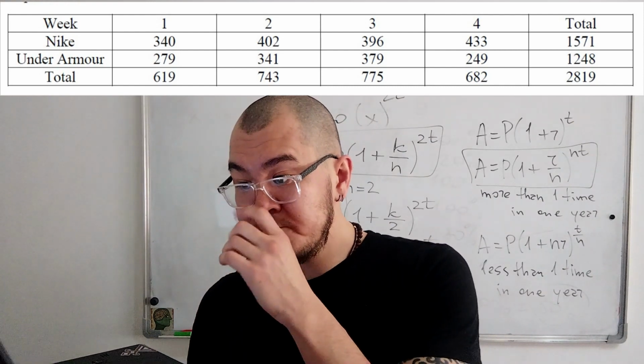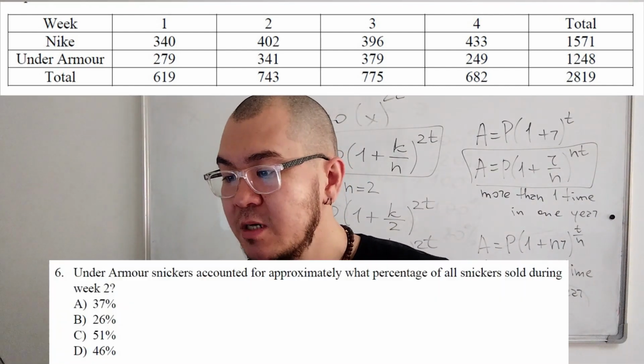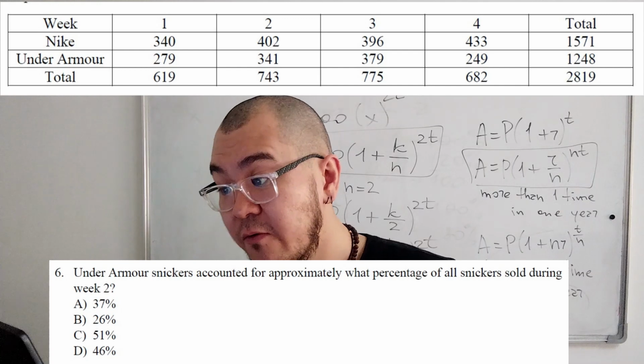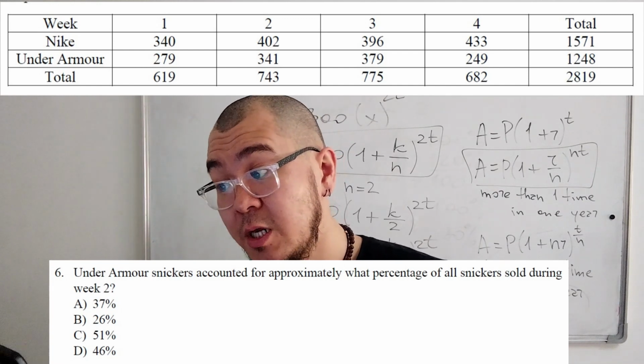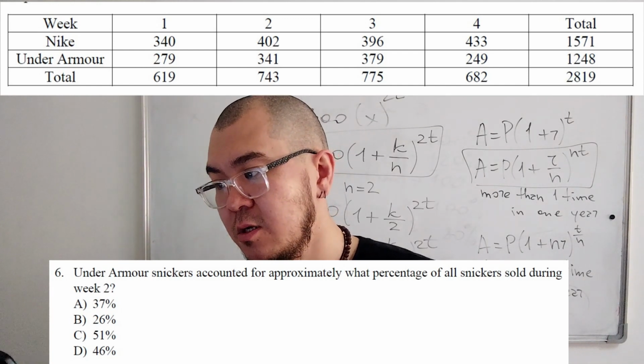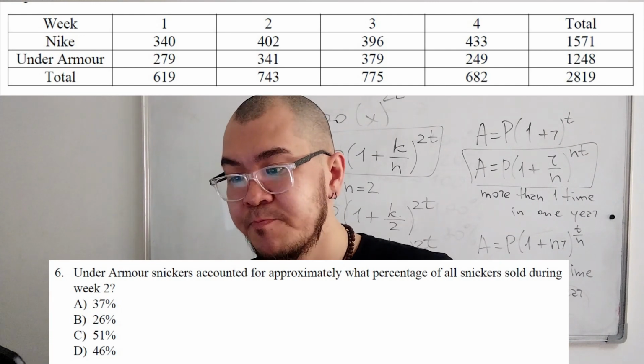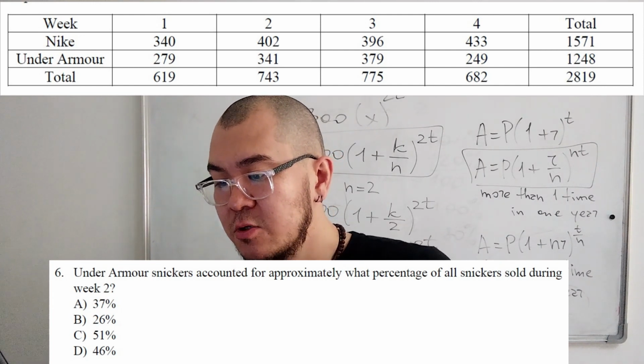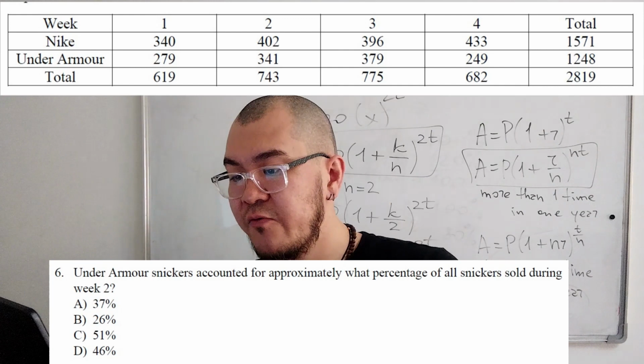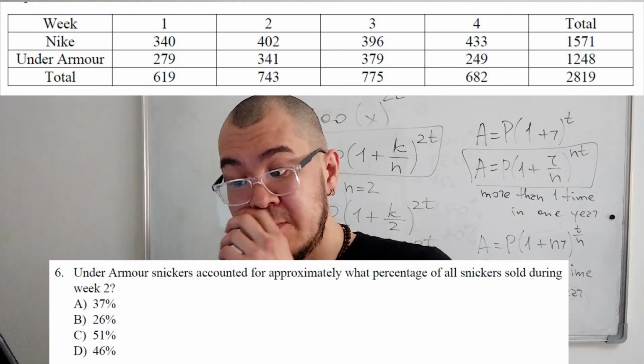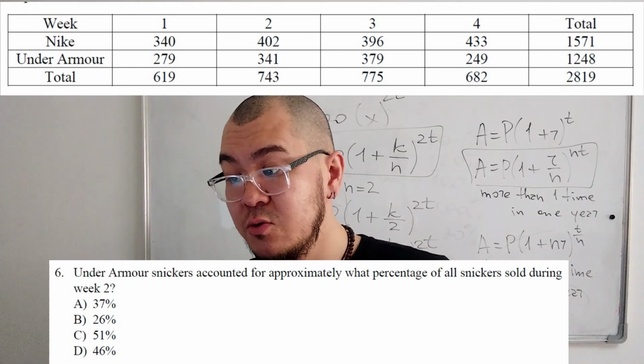Number 6. Under Armour sneakers accounted for approximately what percentage of all sneakers during week 2? Okay, so we have to find out how many Under Armour sneakers were sold in week 2.